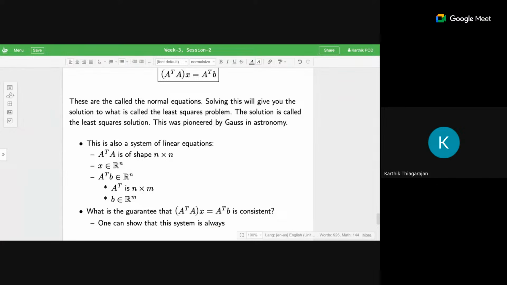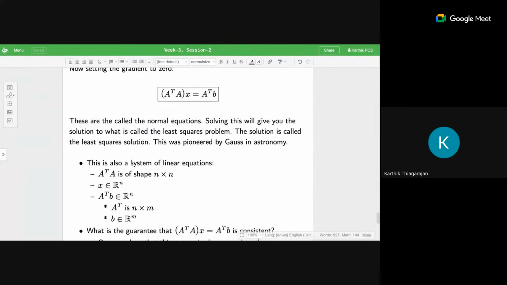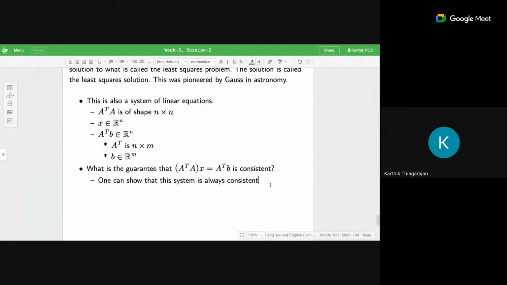That's the beauty of this system. Because A transpose A is a square matrix and invertible, I guess. Not always. So it is not always, but it so happens that you can show that this is consistent, right?